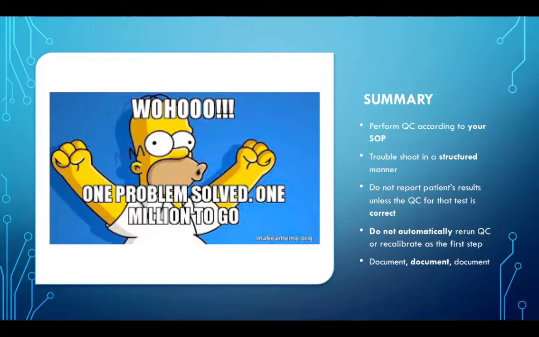As we discussed in the beginning, automatically running QC or calibrating is also not the solution. An important thing is documentation is very important. This helps us in developing our knowledge.